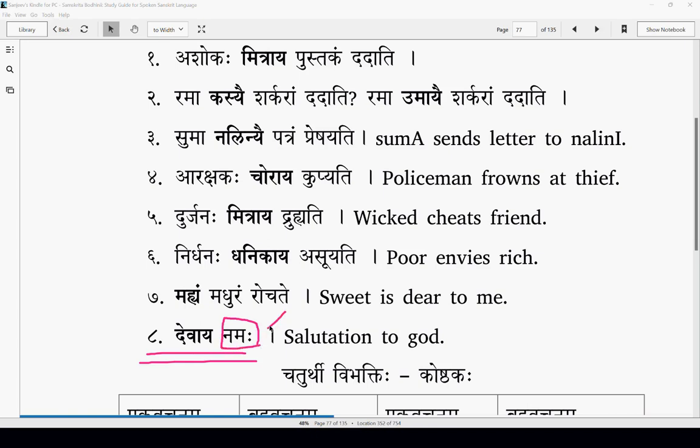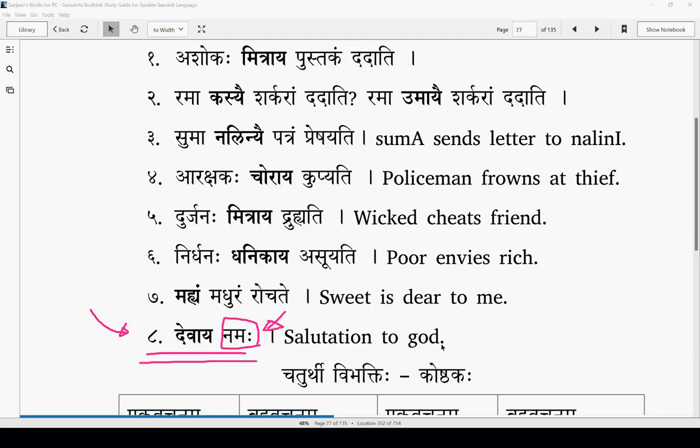And what is the Kriyapadam in this sentence? Do you see any? No. So you can assume any Kriyapadam if you want to, like Astu or Bhavatu. Astu means let it be. So Devaya Namaha needs nothing more.